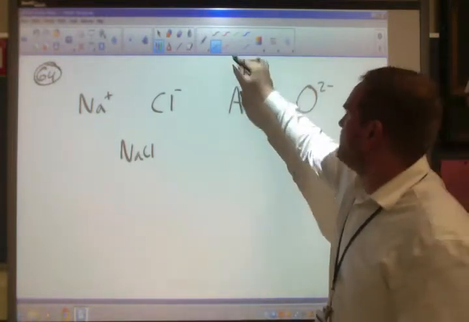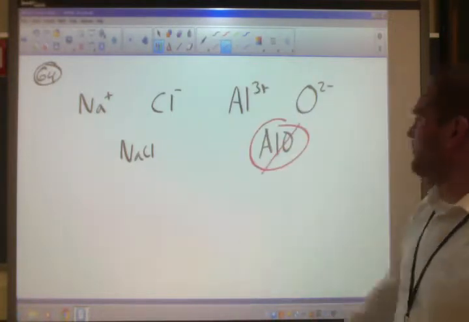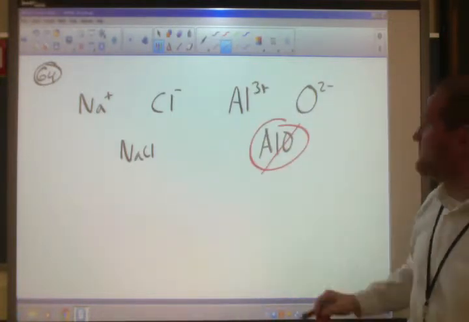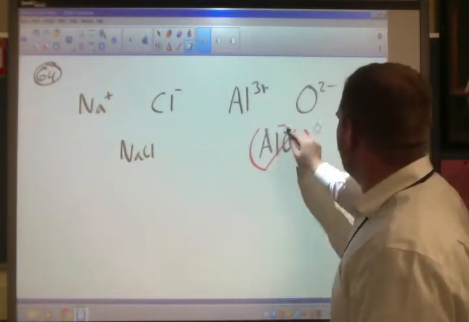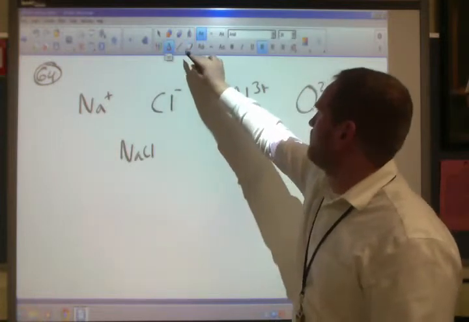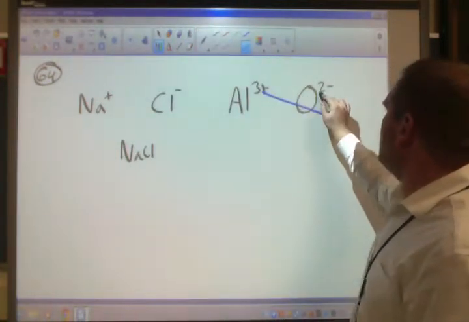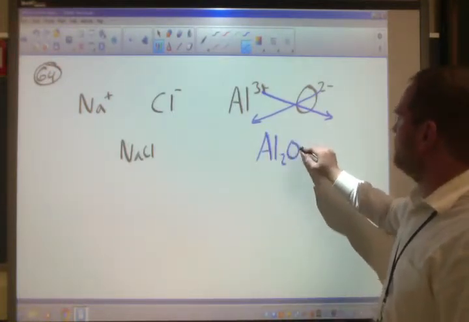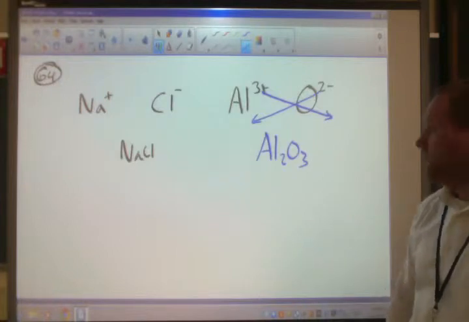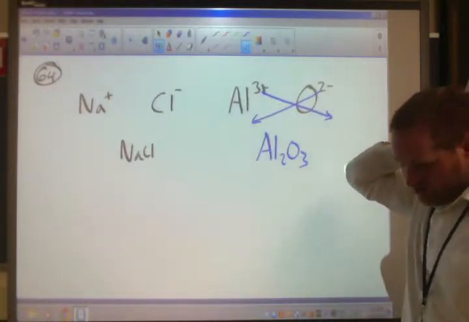I said you can't just say AlO and call it aluminum oxide, because it's not balanced. A 3 plus can't cancel out a 2 minus. So you apply your crisscross rule, where that 3 comes down here, that 2 comes down here, and you get Al2O3. In other words, you need 2 of these aluminums to cancel out 3 of these oxygens.